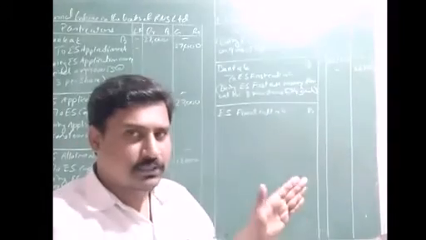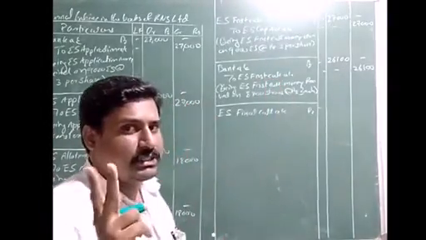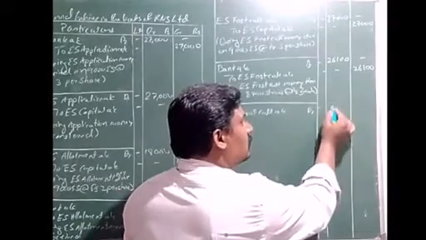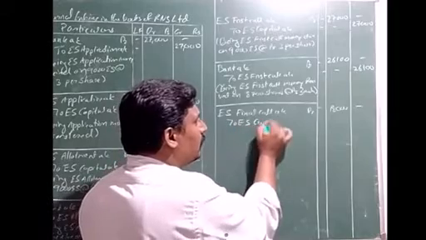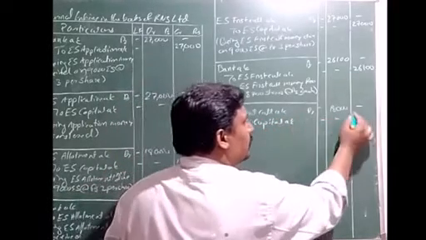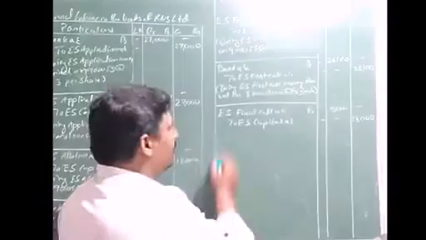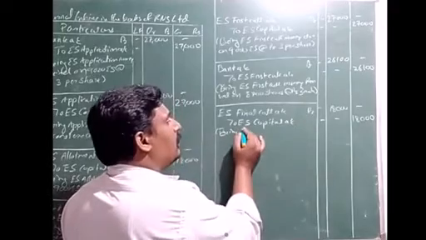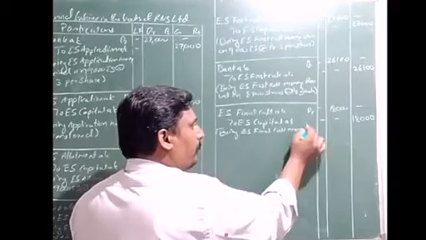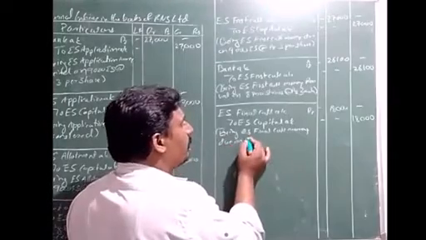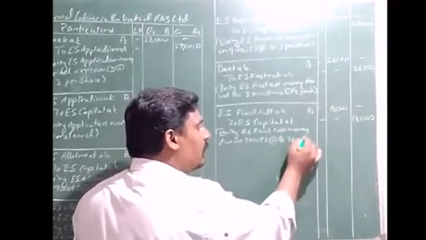So 9,000 shares into 2 rupees per share, remaining 2 rupees, 18,000, to equity share capital account 18,000. So now narration being equity share final call money due on 9,000 equity shares at rupees 2 per share.